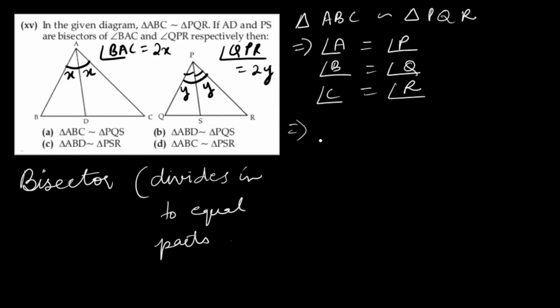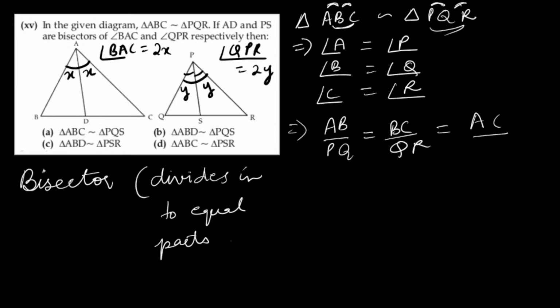So this is the meaning of similarity. Also the ratio of the corresponding sides: AB by PQ is equal to BC by QR, which is equal to AC by PR.